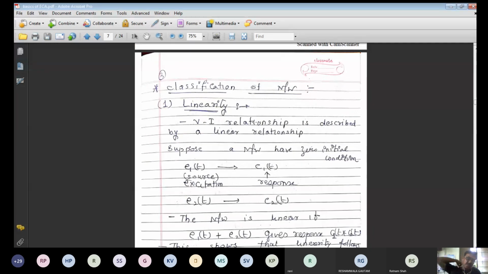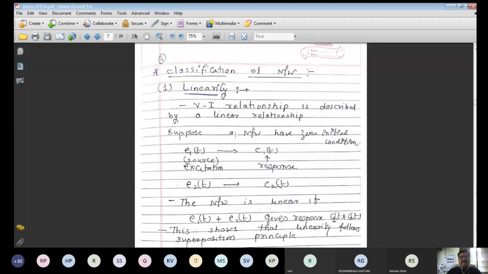Now classification of networks. The classification of network is given like this. One classification is the linear network. Linear network means it follows, suppose I'm drawing the path like this. This is V and this is I, and it follows a straight line.